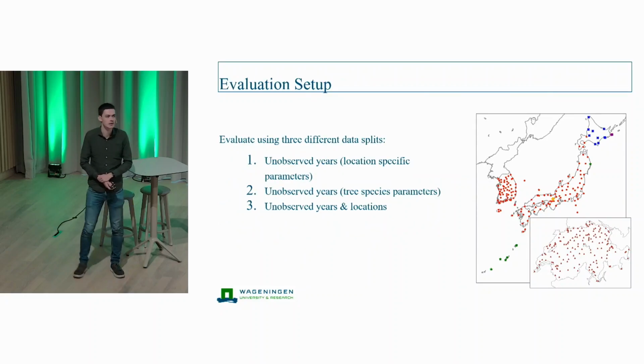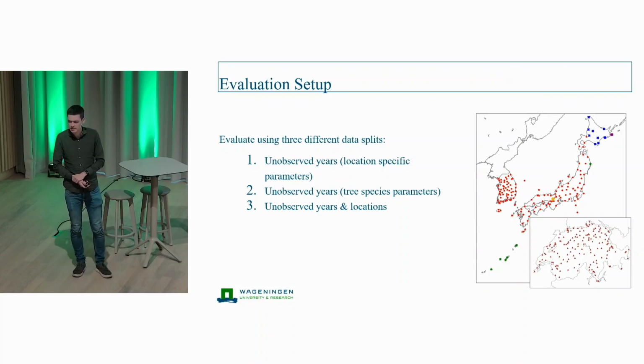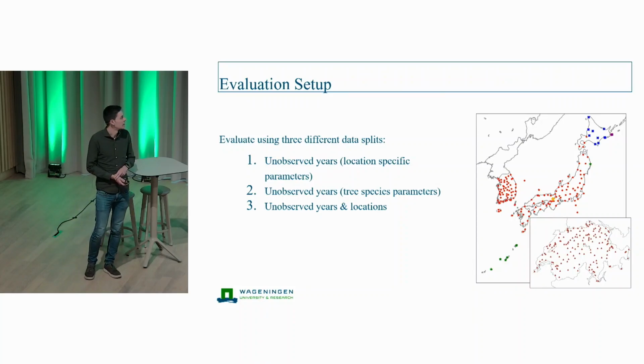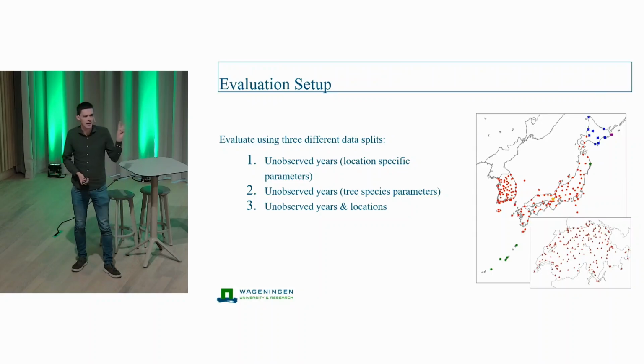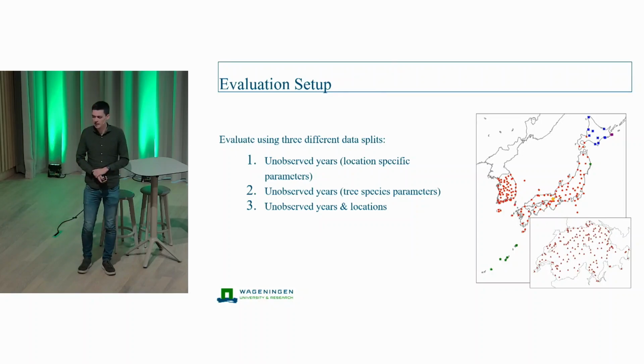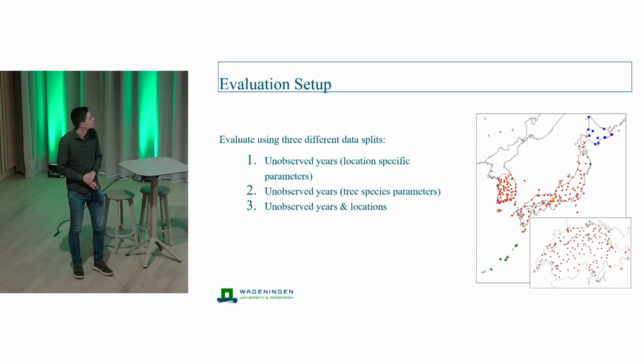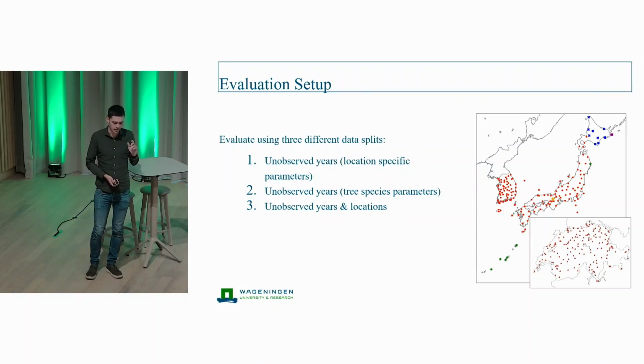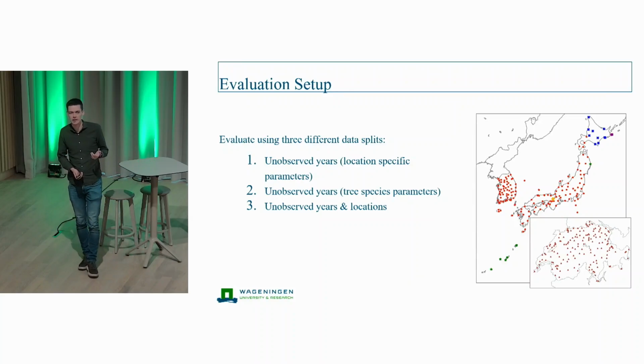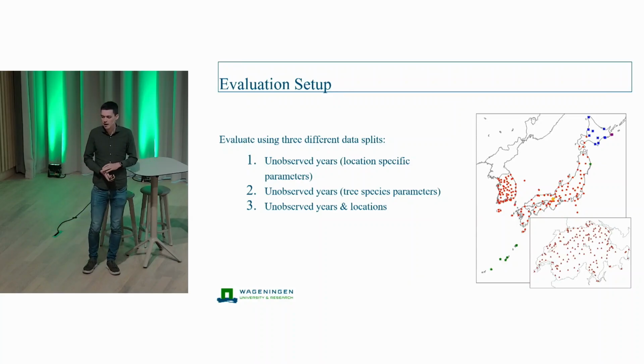We chose to use 3 different evaluation strategies, and also included 3 popular biophysical models as a baseline, as well as a sort of naive deep learning LSTM baseline. In our first setting, we allowed the models to really choose or be fit using location-specific parameters.